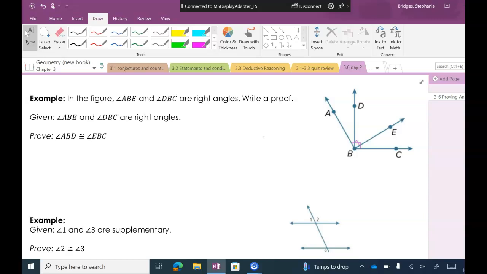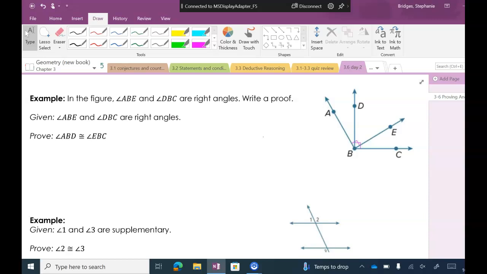So we can call this one of two properties. Look at your properties at the top. The properties of equality is what we're looking at. Either one would be sufficient. Substitution would work, yes.